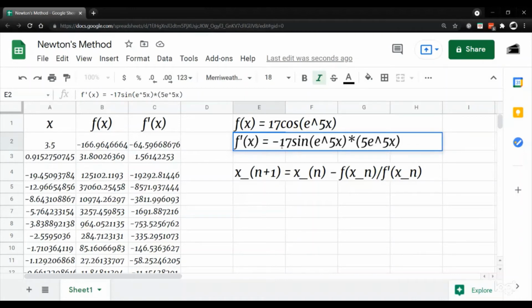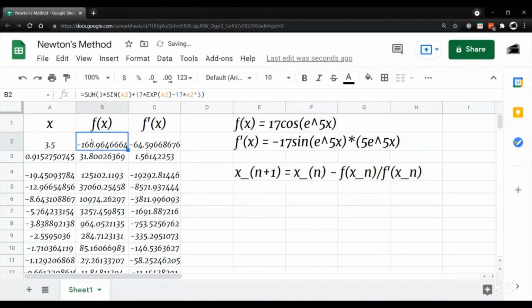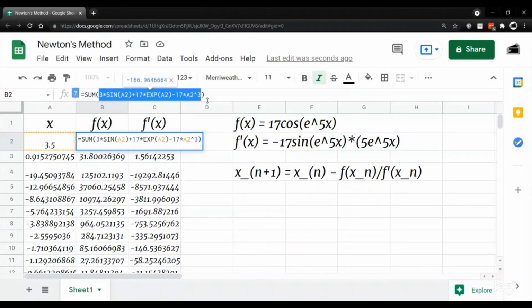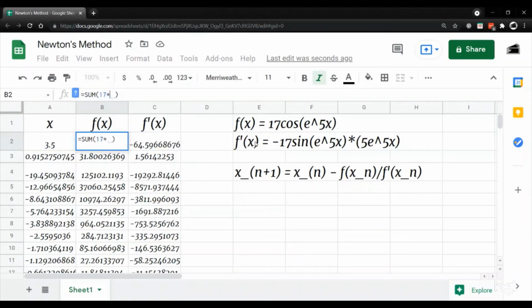And so that's what those are going to be, and now we are just going to have to change what these functions are. So our first function, instead of being that, is going to be 17 times cosine of e to the 5x.